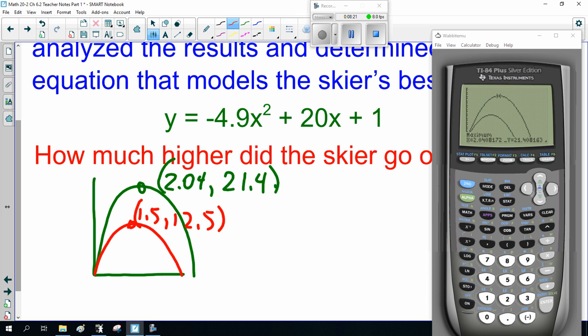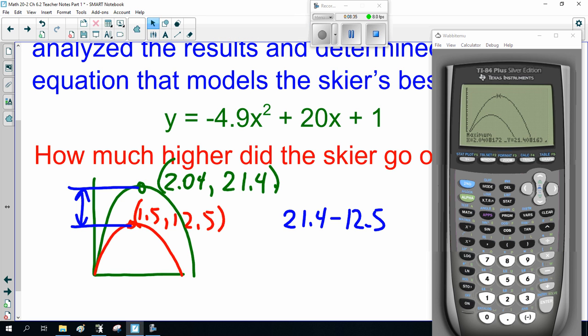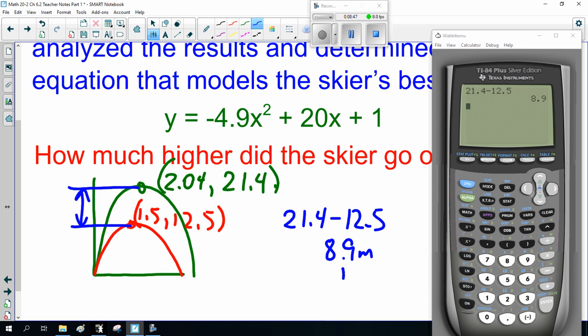So the question was, how much higher? Well, what's the difference in height? Well, that's 21.4 minus 12.5, 8.9 meters higher.